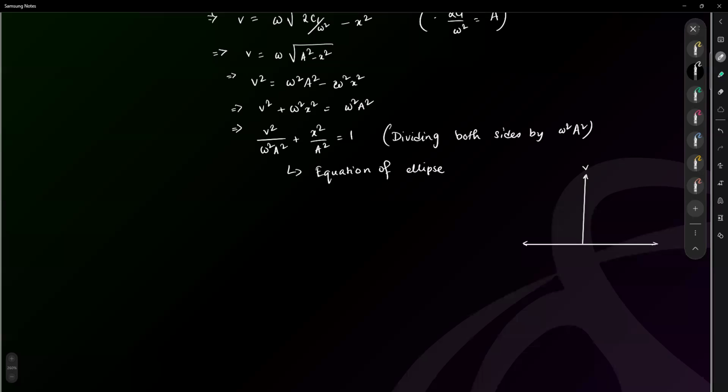This will be minus a, plus a, and this will be omega a. There is also a minus omega a portion here. I'm not drawing that part now, you can just extend it here also. Minus omega a. Basically it will look like this, but in a vertical manner.